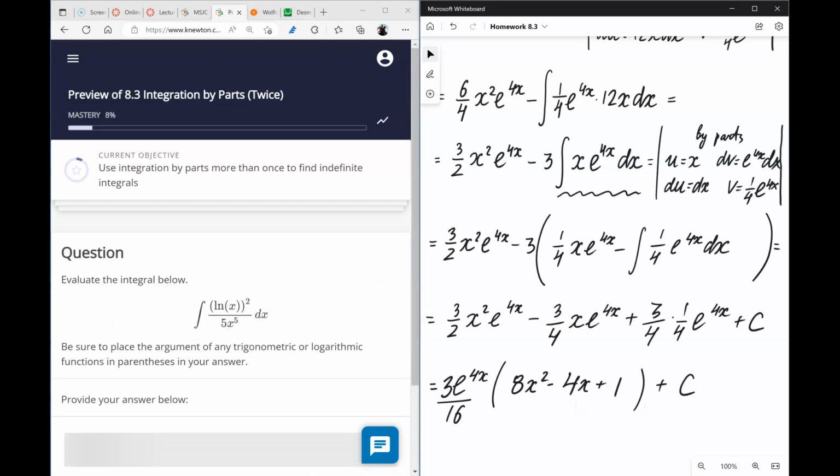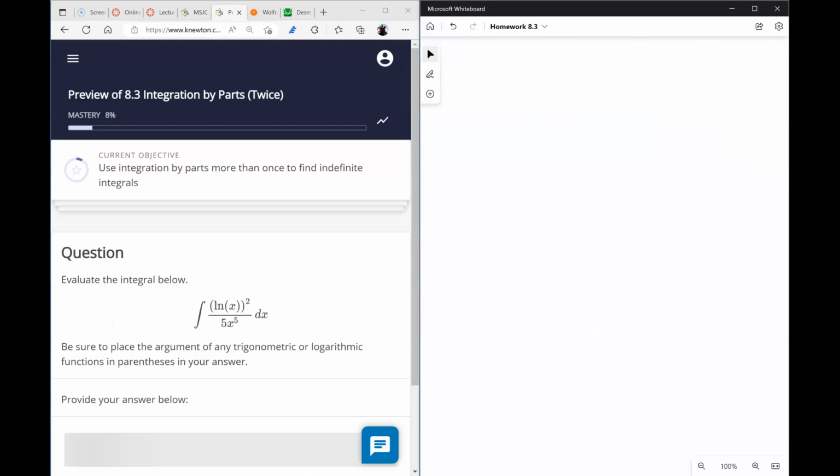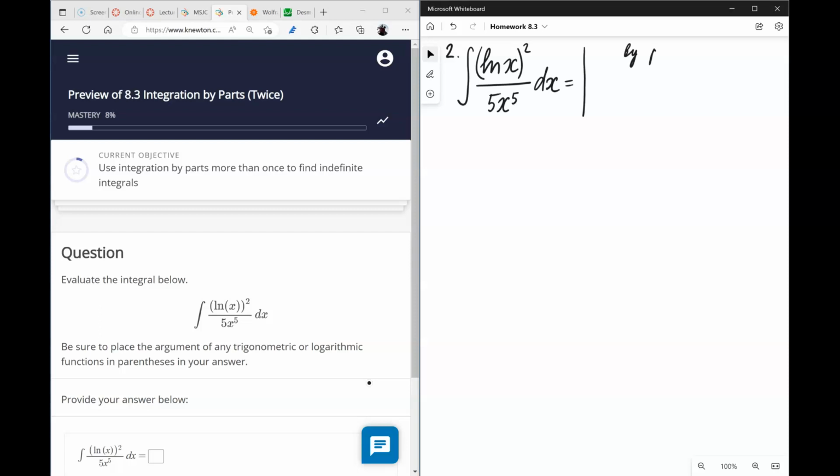Alright, let's take a look at another problem. Problem number 2, we have an integral of ln x squared divided by 5x to the power 5 dx. Again, this is one of the patterns that you will learn to recognize.